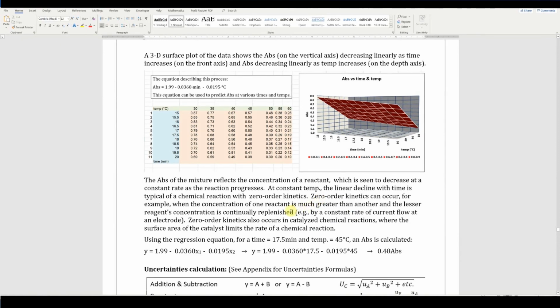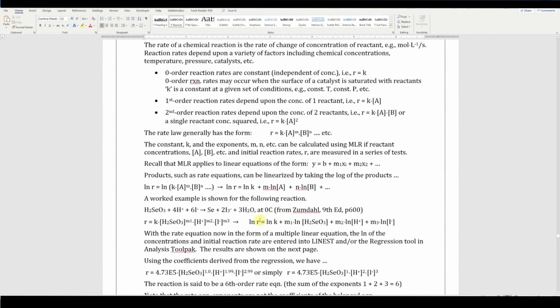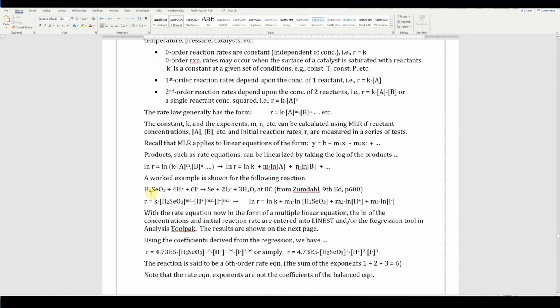There are higher orders and more complex systems. In this example, we're looking at the rate of conversion of selenous acid in acid solution with iodide ion to produce selenium and triiodide ion and water.